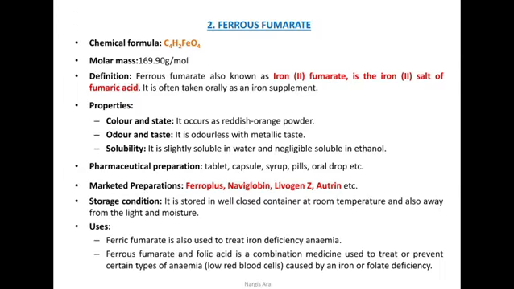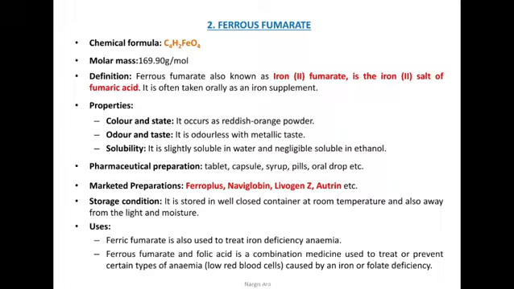Next, I am going to talk about ferrous fumarate. What is the chemical formula of ferrous fumarate? The chemical formula is C4H2FeO4 and the molar mass is 169.90 grams per mole. What is the definition of ferrous fumarate? Ferrous fumarate, also known as iron(II) fumarate, is the iron salt of fumaric acid. It is often taken orally as an iron supplement.